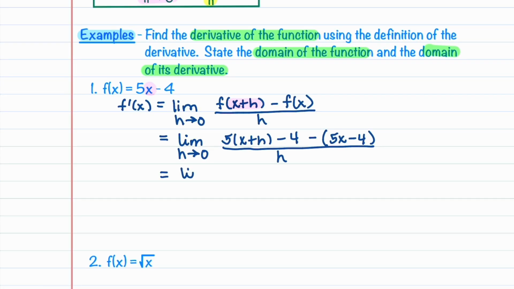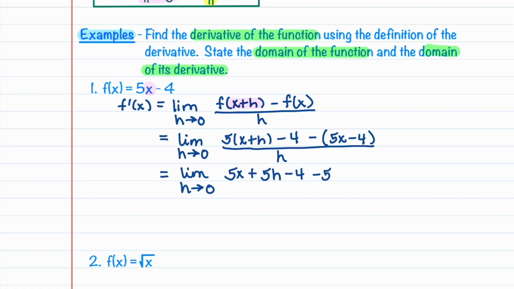Now all we have to do is just do a little bit of algebra. This is 5x plus 5h minus 4 minus 5x plus 4. Make sure that you carry this negative through to both this term and this term. And then all of this gets divided by h. Now let's see if we have anything that cancels.